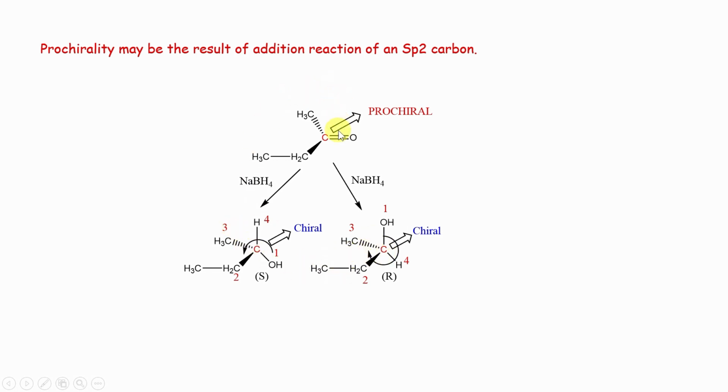On top face addition, we will get this R enantiomer, and bottom face addition of hydrogen to this carbonyl group leads to the formation of this S enantiomer. Thus, even though this sp2 carbon is not chiral, it is achiral, it is prochiral. It is the concept of prochirality or prostereoisomerism.